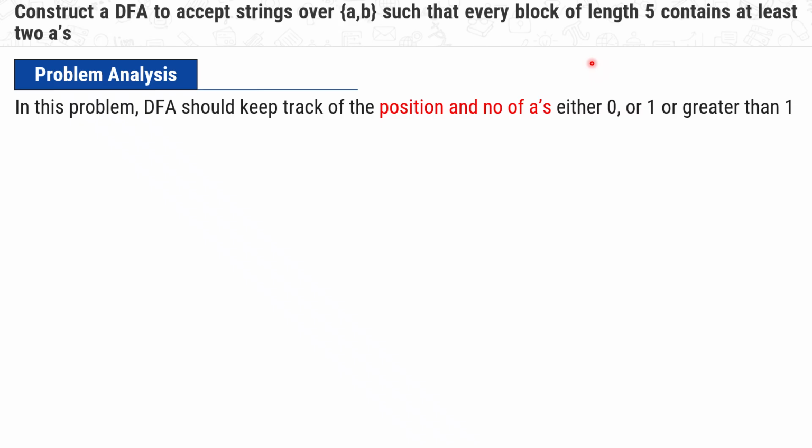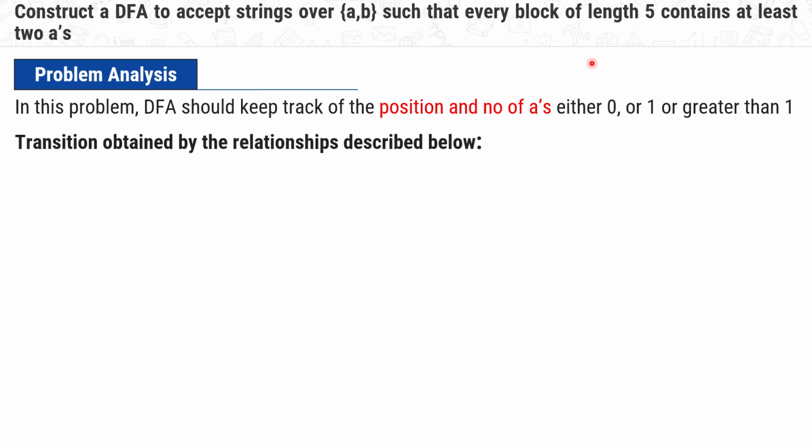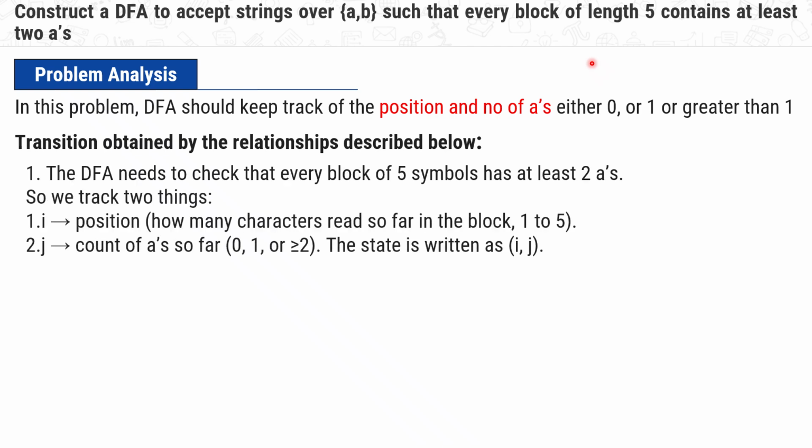So before jumping into the transition diagram, you have to analyze 3 to 4 conditions that show the relationship between the transitions. The first condition is that the DFA needs to check that every block of 5 symbols has at least 2 A's. So we track two things.